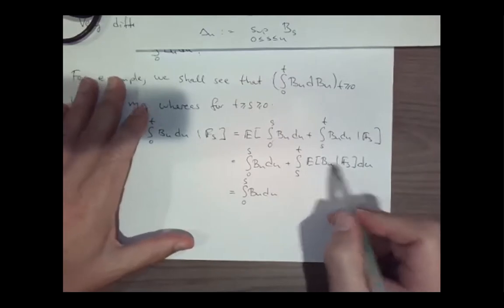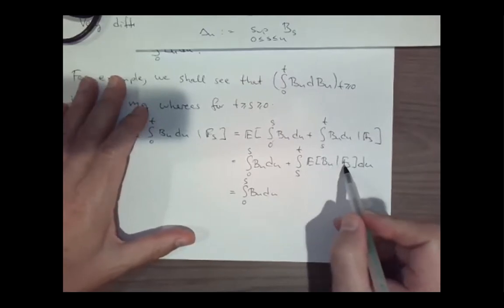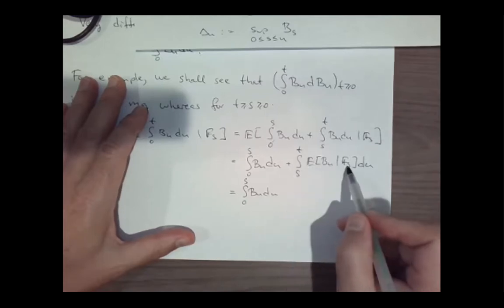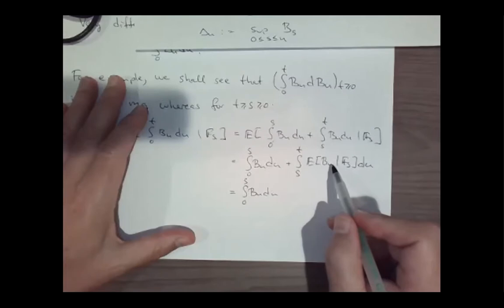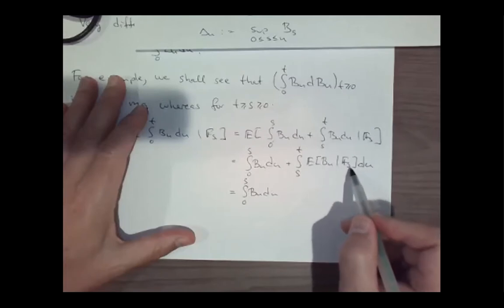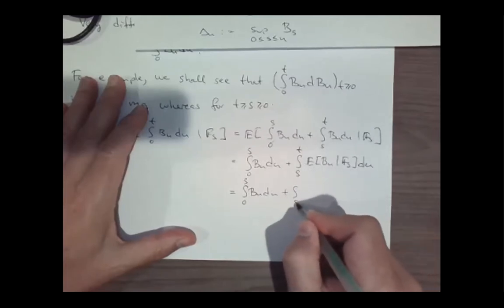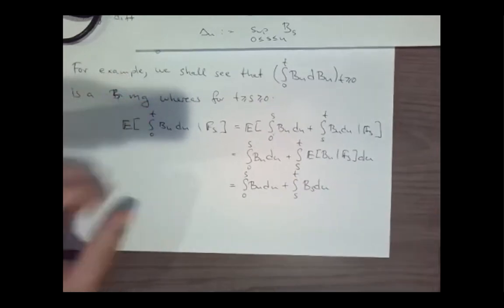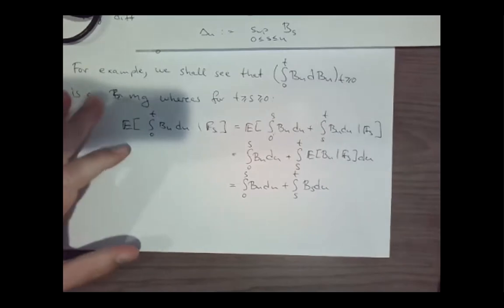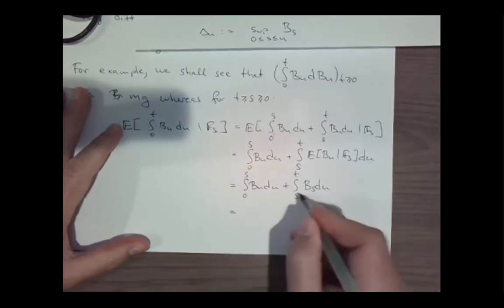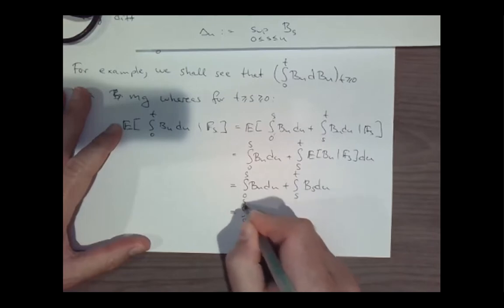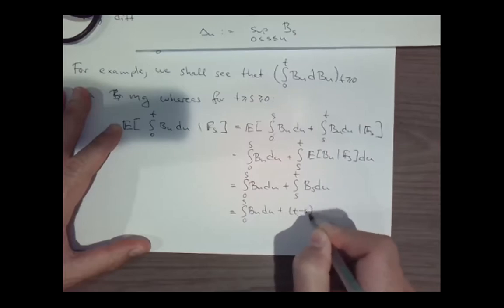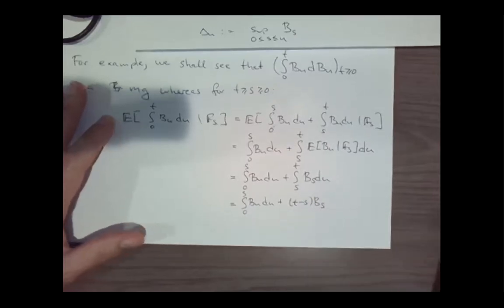But now we'll use that B is a martingale. So when I condition on a future value, like U here, which is between s and t, particularly bigger than s, conditioning bu on fs, I'll just get that this here is the integral of bs du. And then finally, we can work out what the second integral is. This will be t minus s times bs.